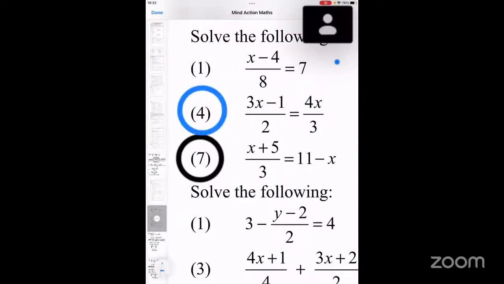Okay, Busisiwe, I'm about to check your answer. Let's see. So remember, guys, you are not necessarily forced to use my method. In case you were taught differently, you can do it that way, but just make sure to prove your answer. If it doesn't prove to be correct, then do it my method and test it again.